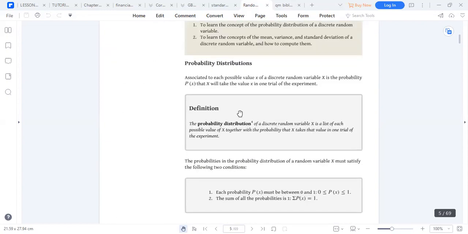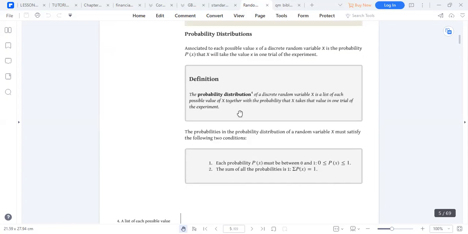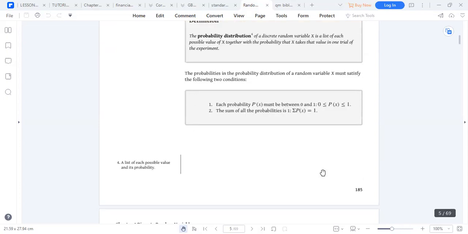So a probability distribution of a discrete random variable X in this case has a list of numbers that we can count in a trial. And the sum of the probabilities in the discrete random variable should range between 0 and 1, meaning the summation of the expected probabilities in the discrete random variable must always be equal to 1.